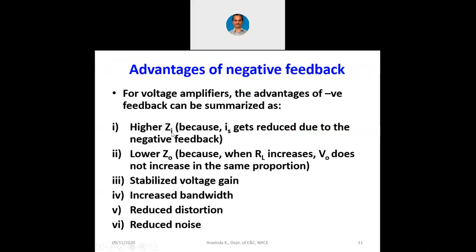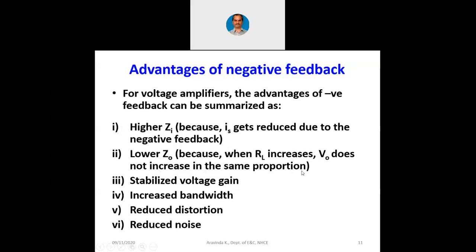Anyhow, we have derived an expression already in the previous class, where I had shown you that ZIF equals ZI into 1 plus A beta. Means the closed loop input impedance gets multiplied by a factor of 1 plus A beta to the open loop input impedance.